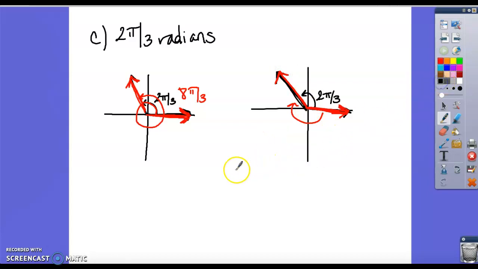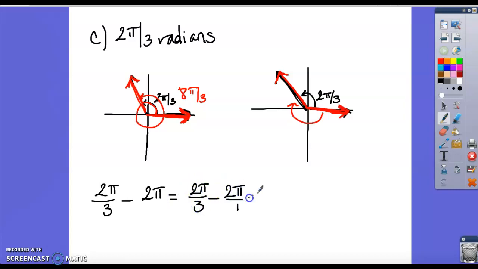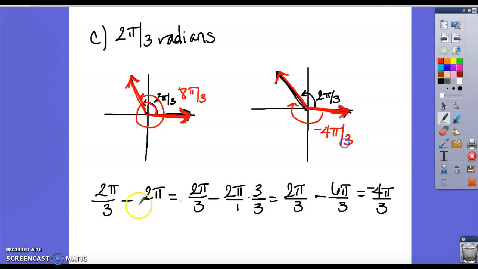I can figure out what that is by saying 2 pi over 3, this time minus 2 pi. That's like 2 pi over 3 minus 2 pi over 1, and I need common denominators here. So 2 pi over 3 minus 6 pi over 3 is negative 4 pi over 3. So a negative coterminal angle here would be negative 4 pi over 3.